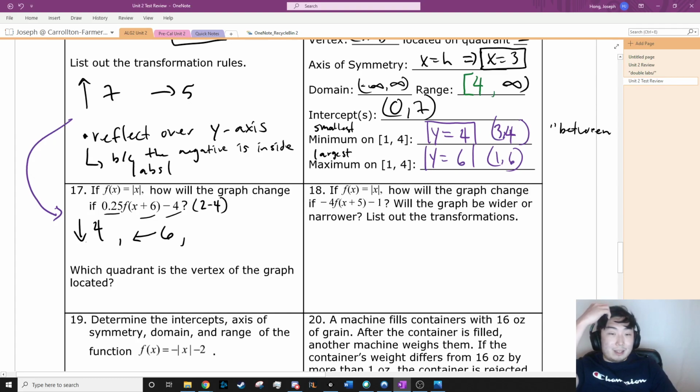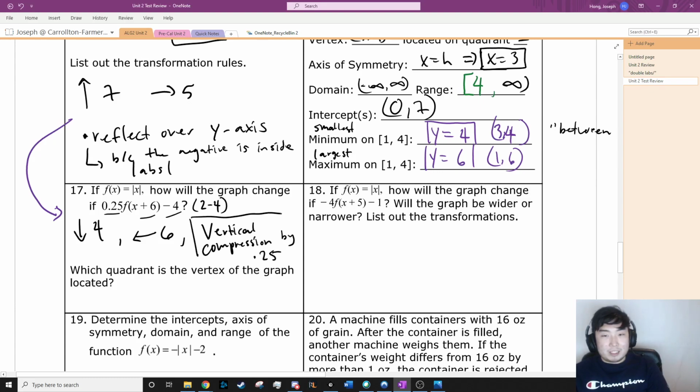For the y, it's true, but for the x, it's not. And this 0.25, that is a vertical, I guess I'll write it out because it's a review, compression by 0.25. As in, I'm compressing it with a scale factor of 0.25.